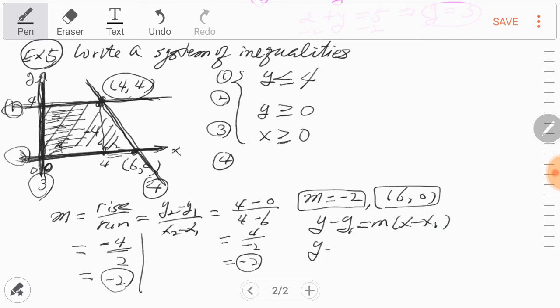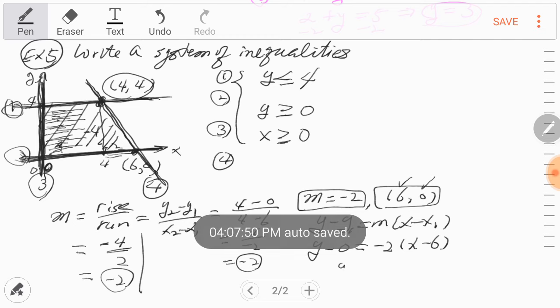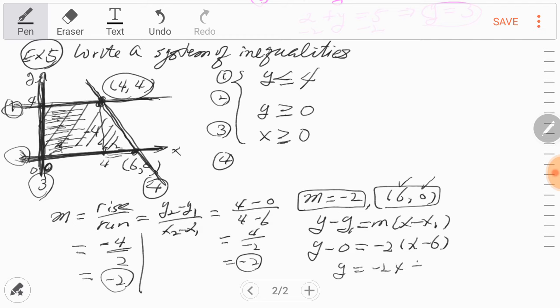Here y1 is 0, m is negative 2, and x1 is 6. Then y equals negative 2x plus 12. So this is the equation of this line. Then we have to include the less than or greater than symbol.